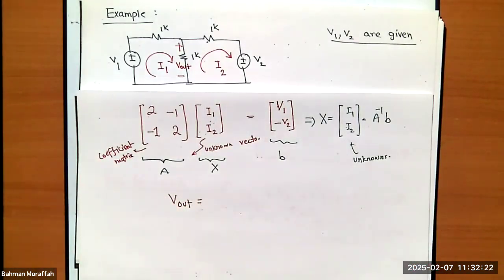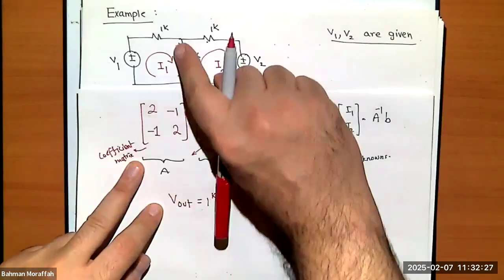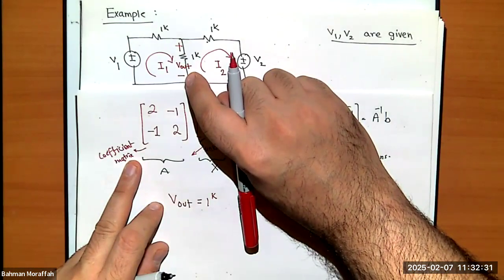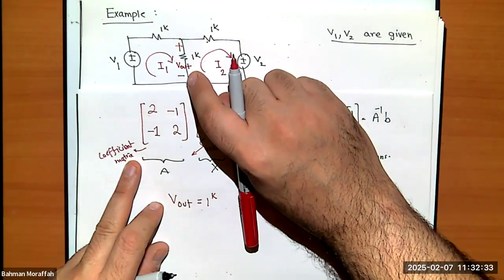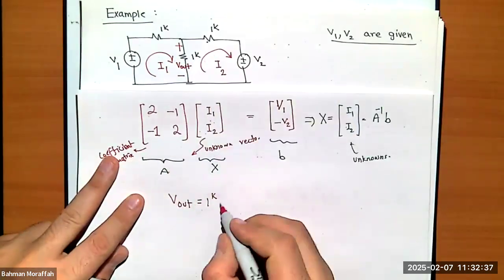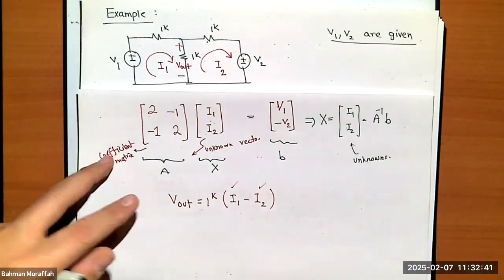Again, we have Ohm's law. So I have 1K, given this polarity, times the current through it, which is I1 minus I2. We already computed these two, so we know Vout.